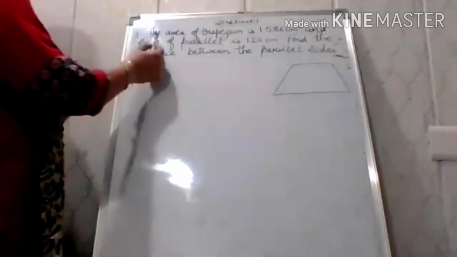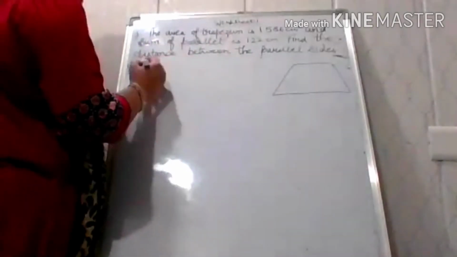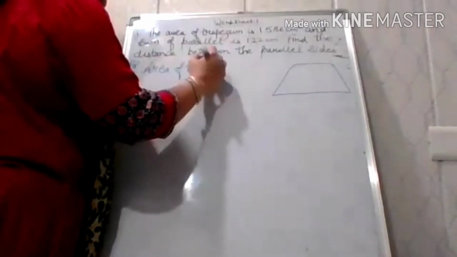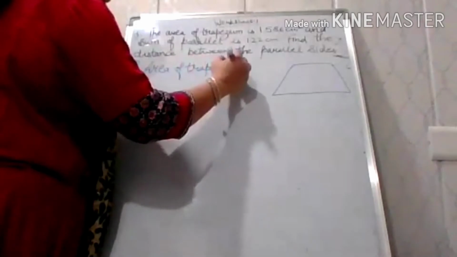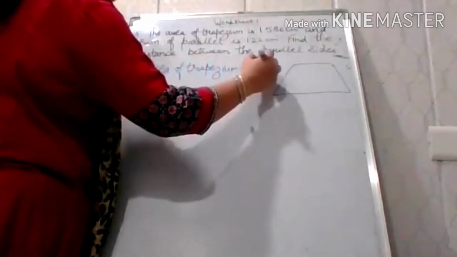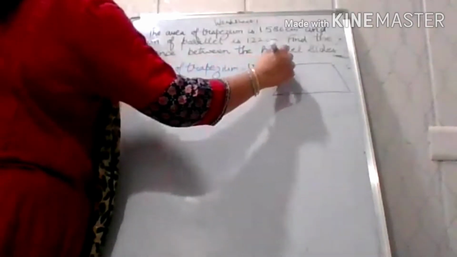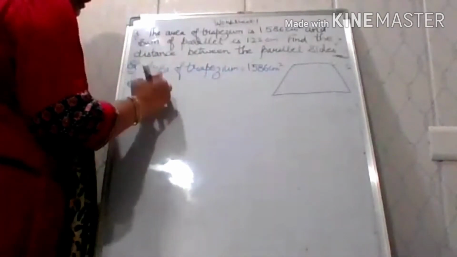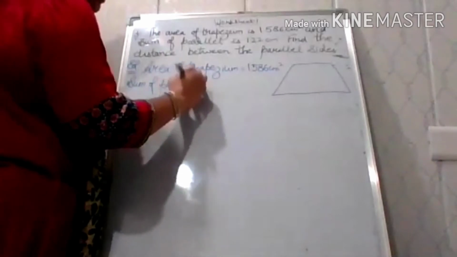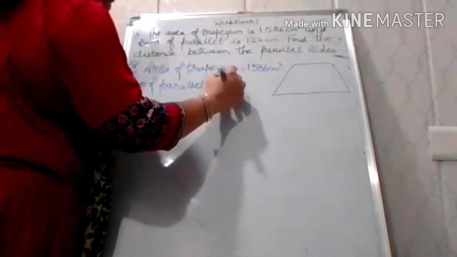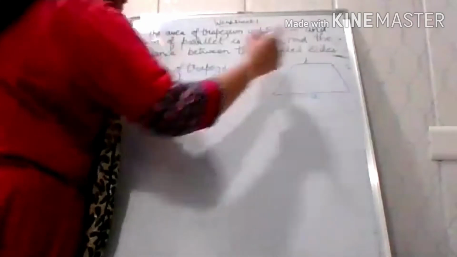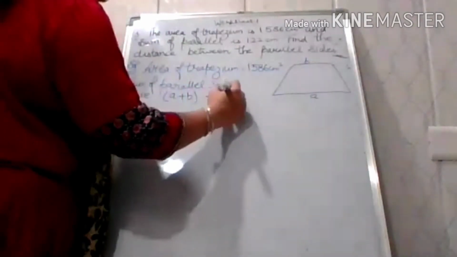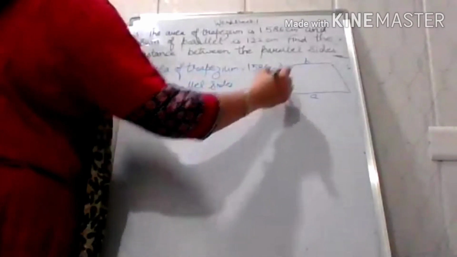Now in the next sum, the area of trapezium is given as 1586 centimeters square. The sum of the parallel sides, A plus B, is equal to 122 centimeter.